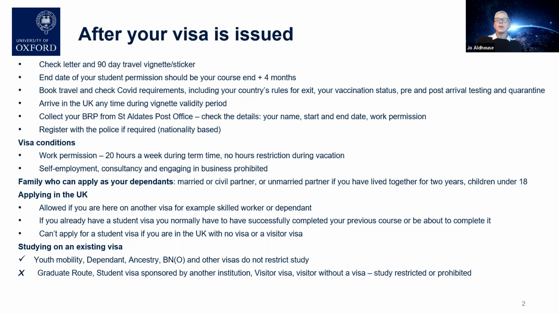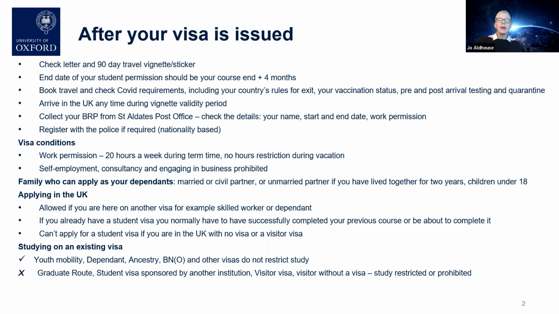So the start date of the travel sticker should be 1 week earlier than the date you said you wanted to travel to the UK, but it can't start more than a month before your course start date. So you can only come to the UK after that travel sticker start date, and that start date can't be more than a month before your course start date. Don't travel before the start date of the sticker.